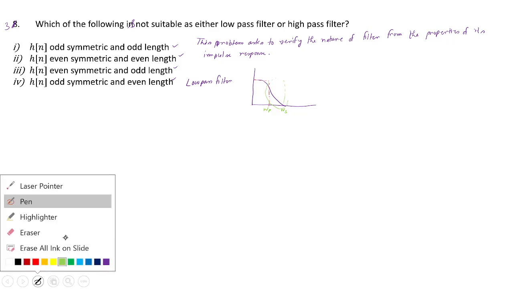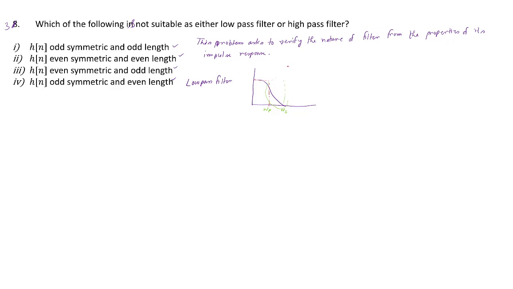So what is the characteristic of this low pass filter? It allows frequency components close to 0, which is the DC value, of course. So it only allows the low frequency components of the signal.